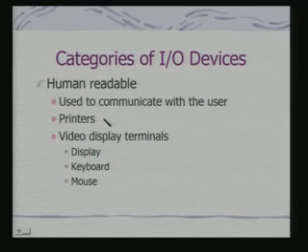Human readable examples are printers, video display terminals, which have a display, keyboard, and mouse. All of these are I/O devices. And these kinds of devices you encounter not only on general purpose computers, but also in embedded systems like the Sony Game Station, video game systems, where these devices are also to be managed.